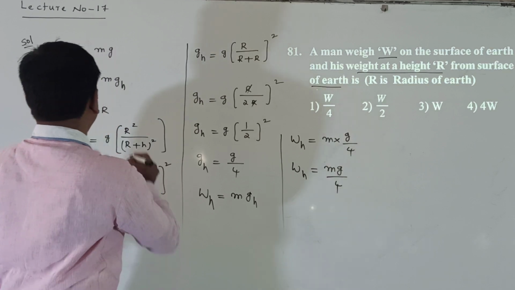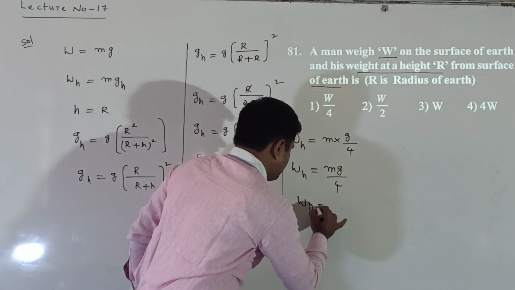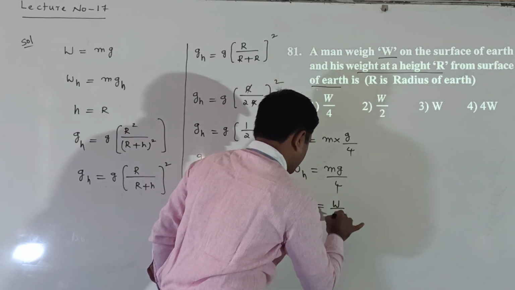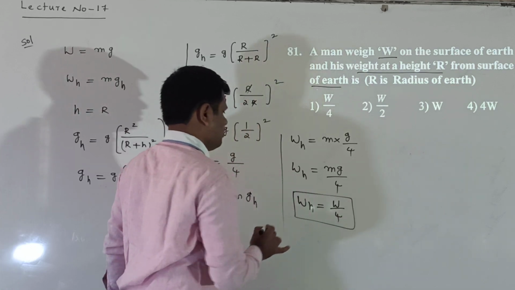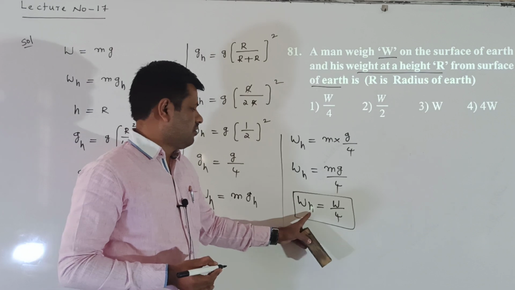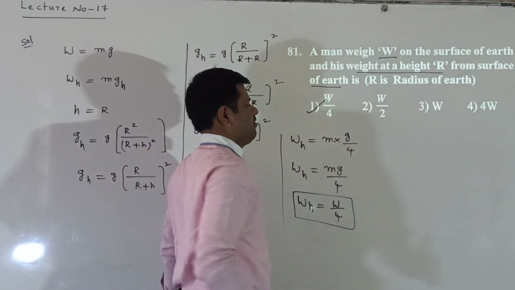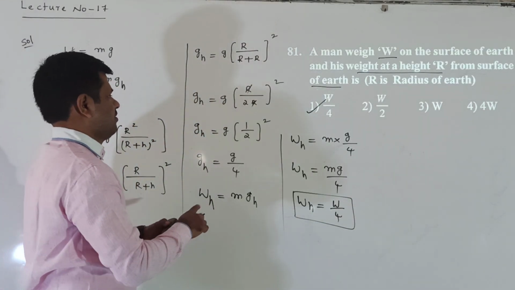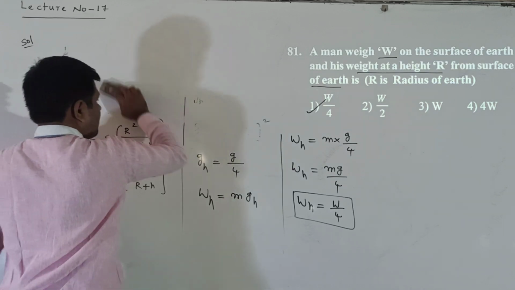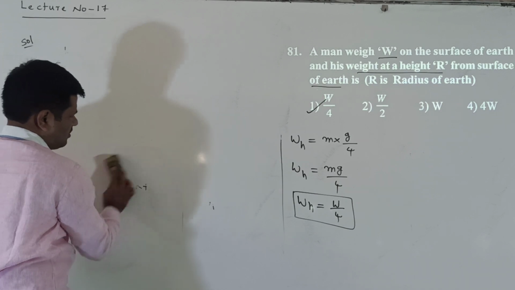But m g is equal to W, that is the weight. So at the height, W_h is W by 4. Which option is correct? The first option is correct. This type of model we discussed in the NCERT problems also. Same model is there.